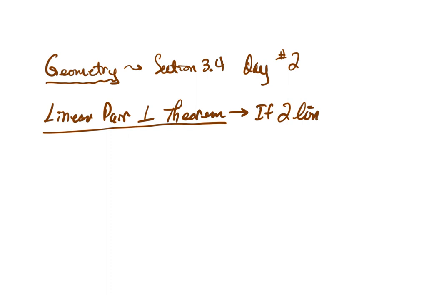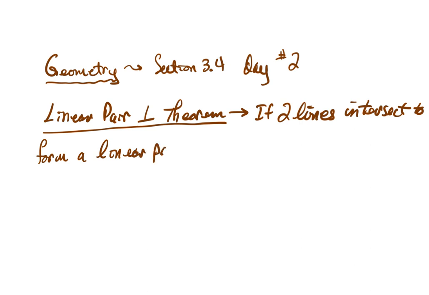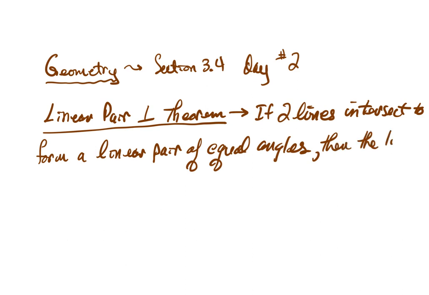If two lines intersect to form a linear pair of equal angles, then the lines are perpendicular.